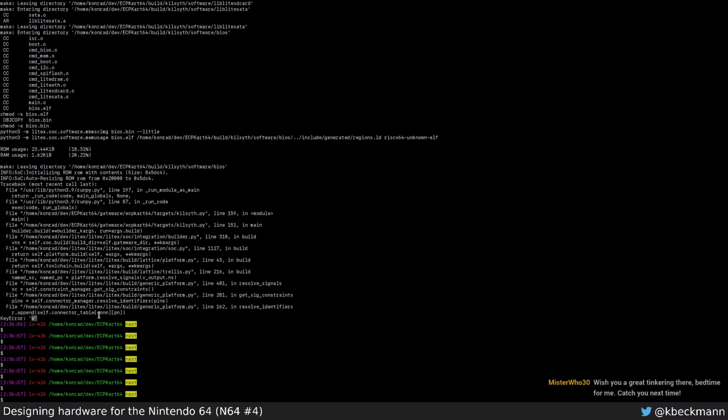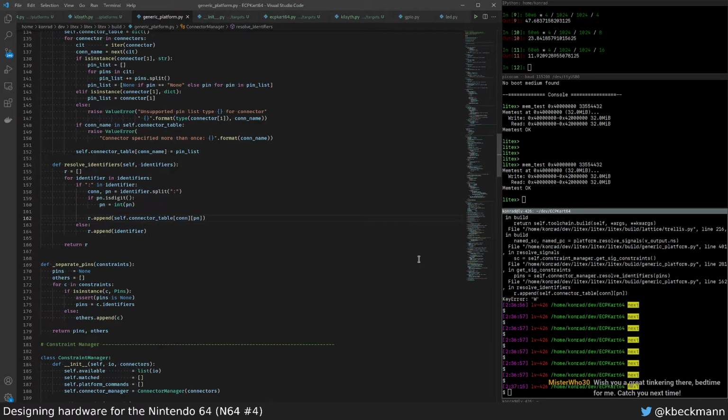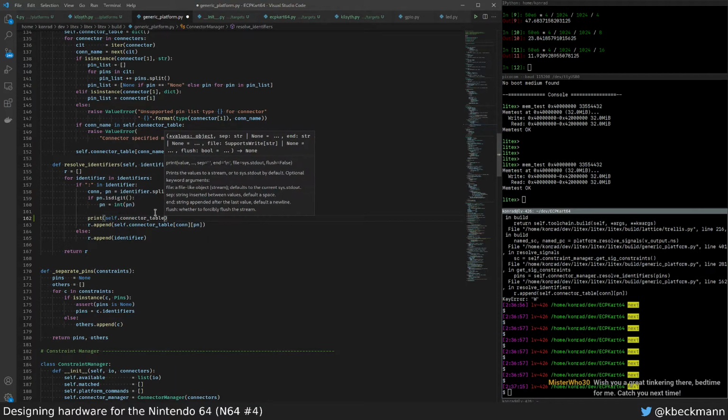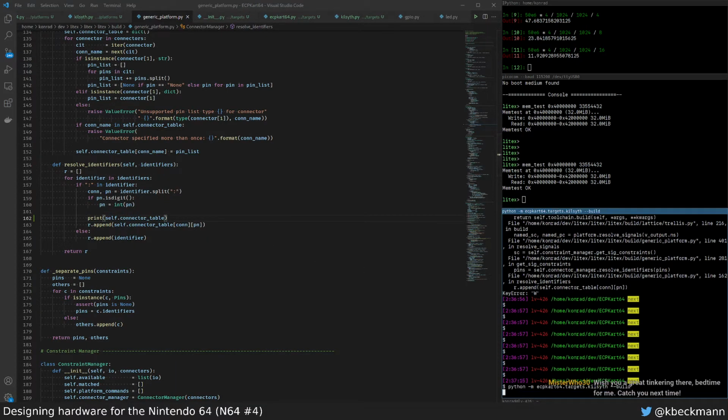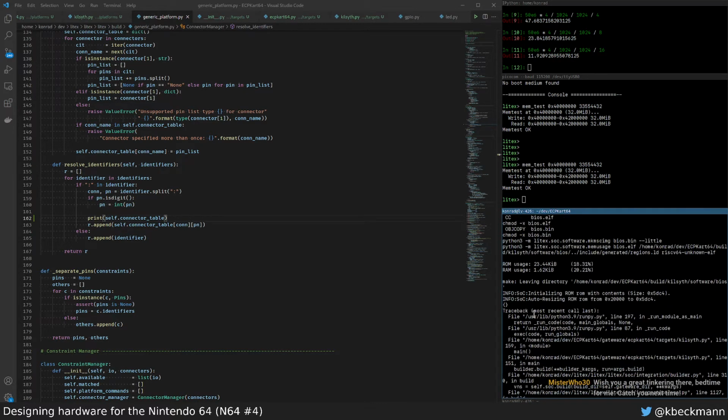So I'm gonna print that one. Okay, it's empty. So the connector table is empty for some reason.